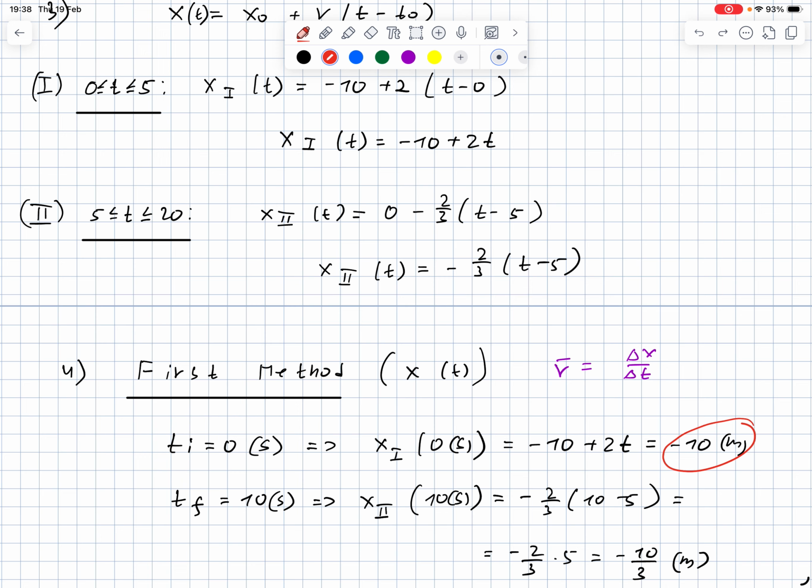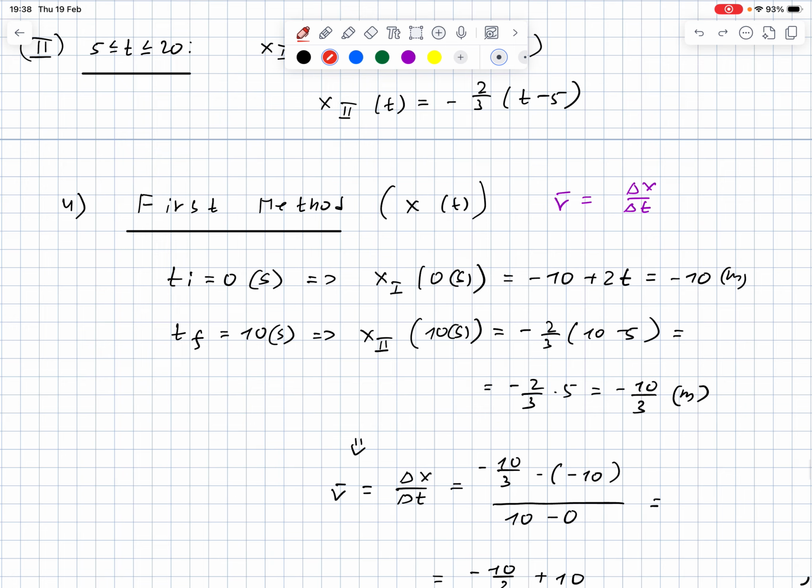The same when we calculate the final position, when time equals 10 seconds. We use this linear function of position and substitute time t with 10 seconds. And finally we see that the final position is minus 10 divided by 3 meters.